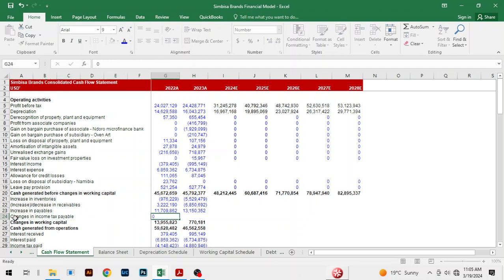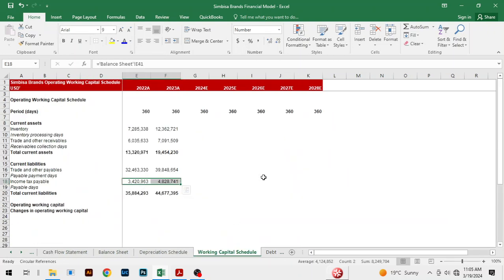Since we didn't have anything here, we just put a 0 there. So our formula has to incorporate that change there. So we sum up all these items there. Right, perfect. So once we have done that, let's go back to the working capital schedule.